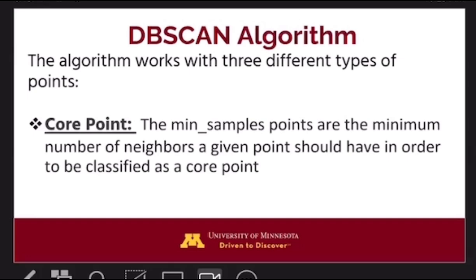For the core point, you want to consider the minimum sample points, like the minimum number of neighbors a given point must have in order to be classified as a core point. Oh, you are a core point. Can we know the minimum number of neighbors you're going to have to get classified?